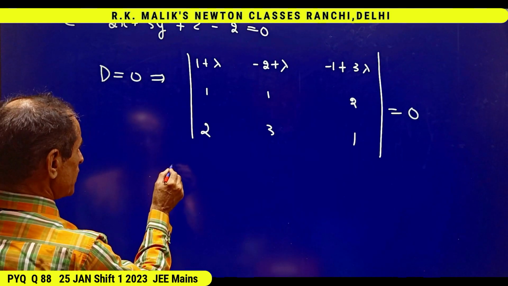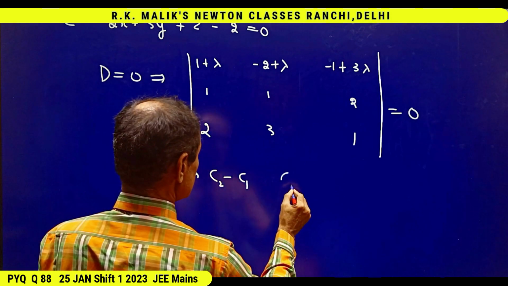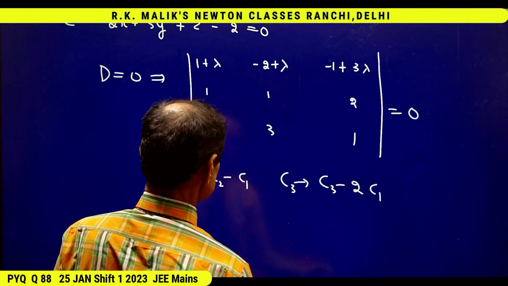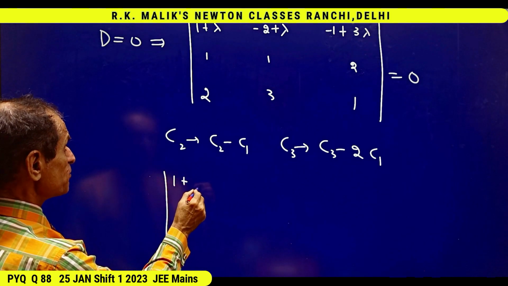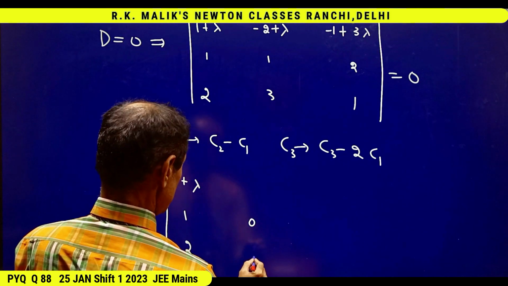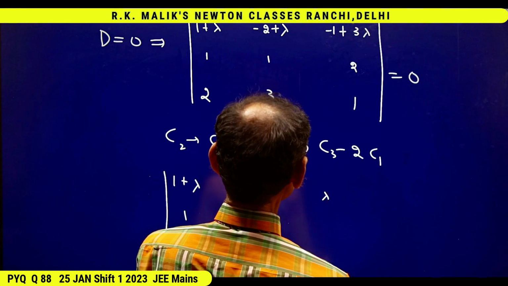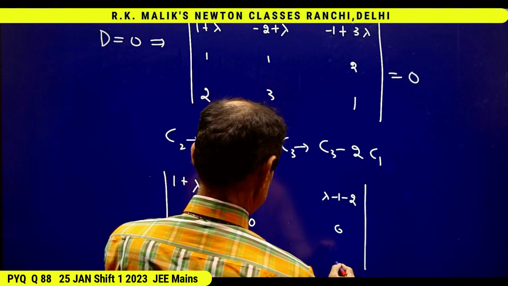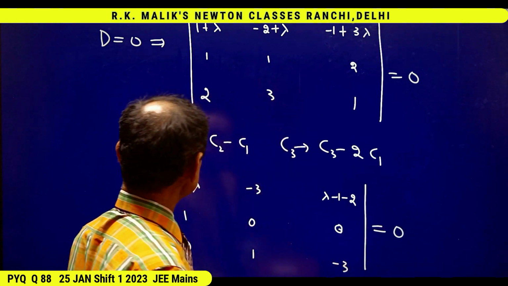And now use the property that C2 changes to C2 minus C1 and C3 changes to C3 minus 2C1, and I will be getting 1 plus lambda, 1, 2; 0, 1 minus 3 lambda, minus 1, minus 2, 0, and minus 3 equal to 0.